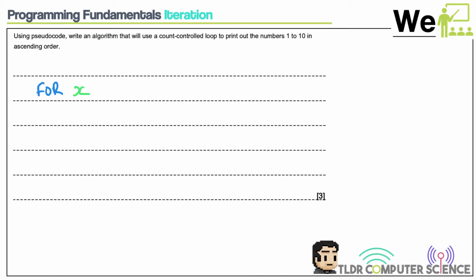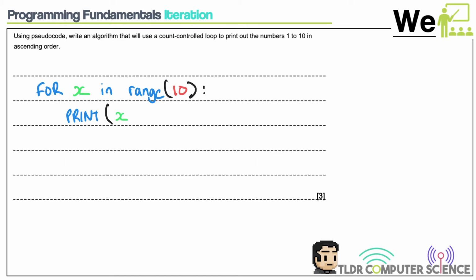And then if you remember, the command is in range, and then inside these brackets, you put how many times you want it to go around. In our case, that will be 10 times. Colon, because it's the end of it, and then we have to indent. And this is the one place you can easily make a mistake. So I'm going to say print x.